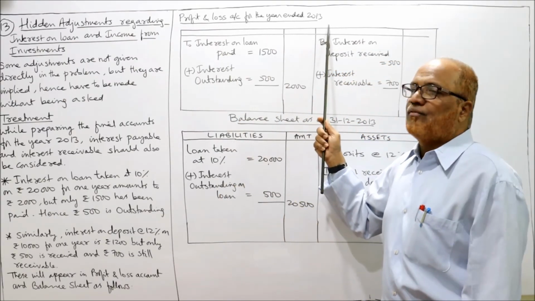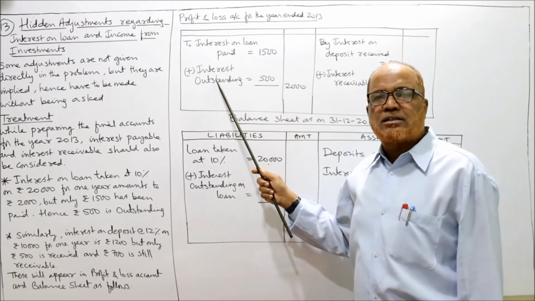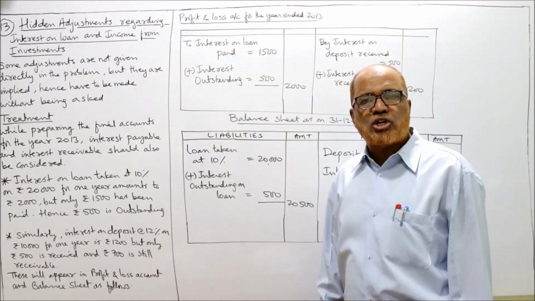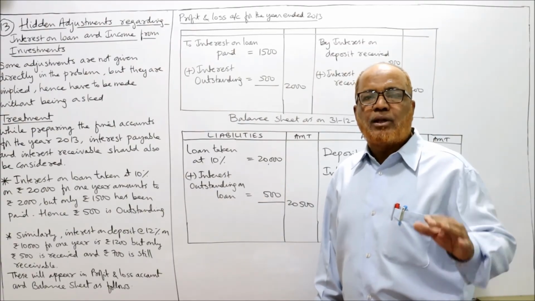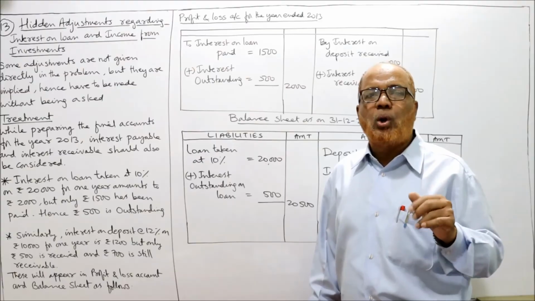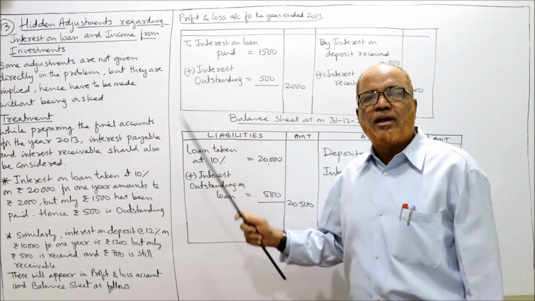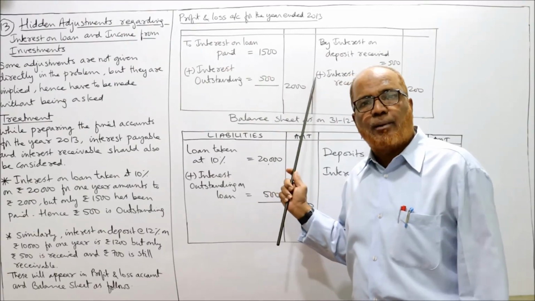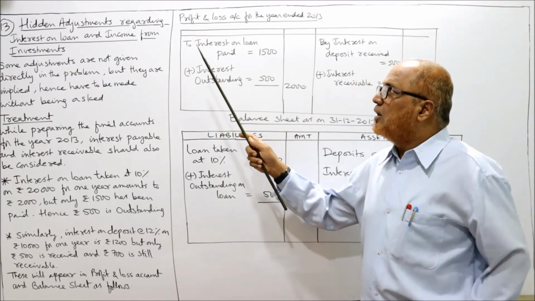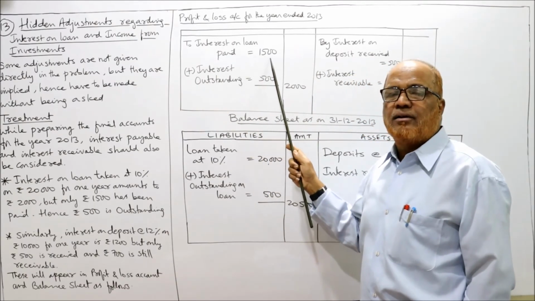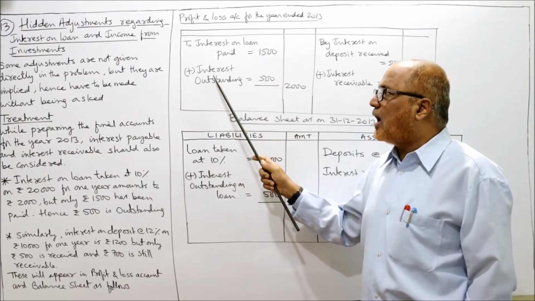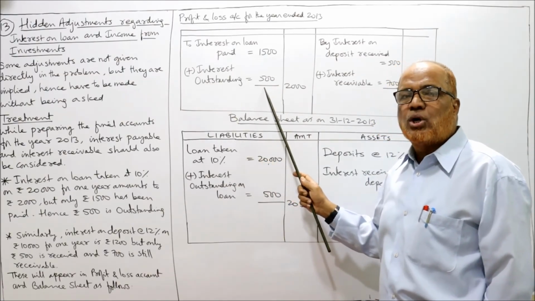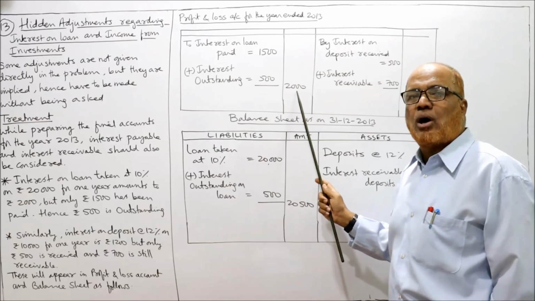So profit and loss account for the year ended. Debit side will take expenditure, credit side will take income. Interest paid on loan is expenditure. Interest received on deposit is an income. On the debit side, to interest on loan paid 1,500 rupees, add outstanding interest 500 rupees, total interest 2,000 rupees in the outer column.